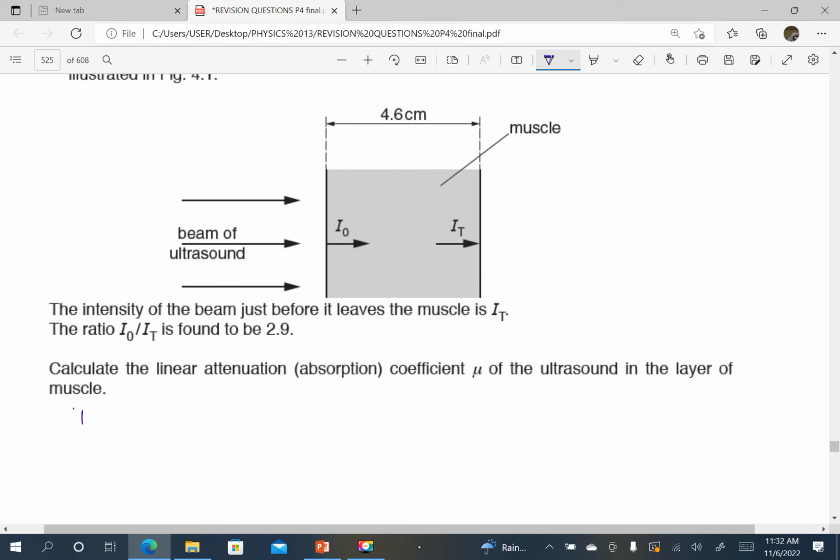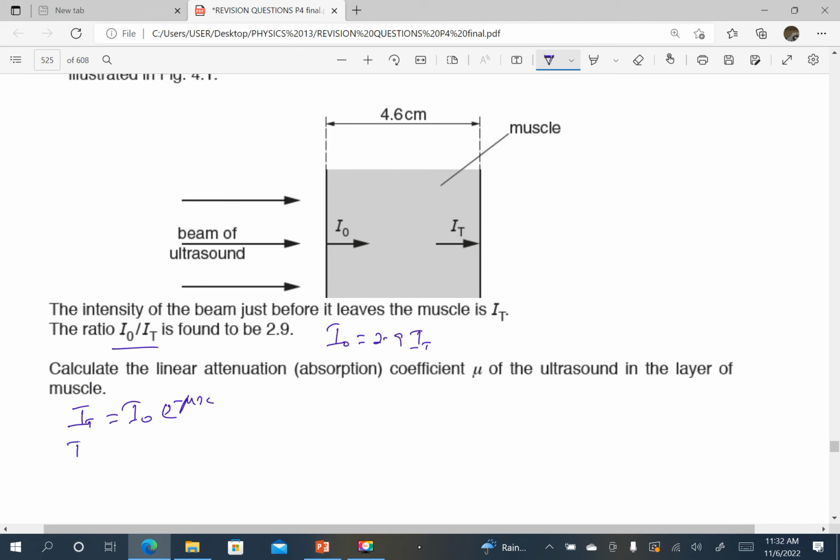So intensity transmitted, that is IT, is supposed to be equal to I naught times e power negative mu x. But they have given us I naught over IT as being 2.9, so I naught is going to be 2.9 times IT. I'll just substitute here.